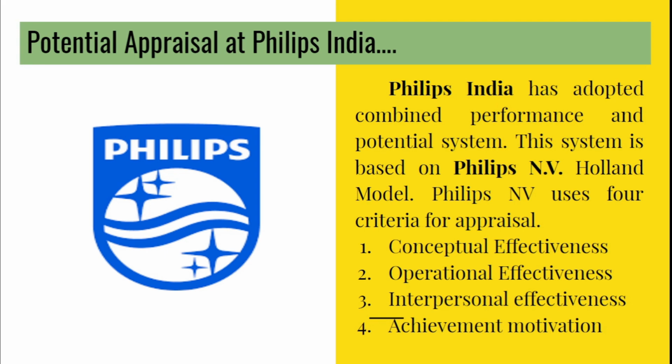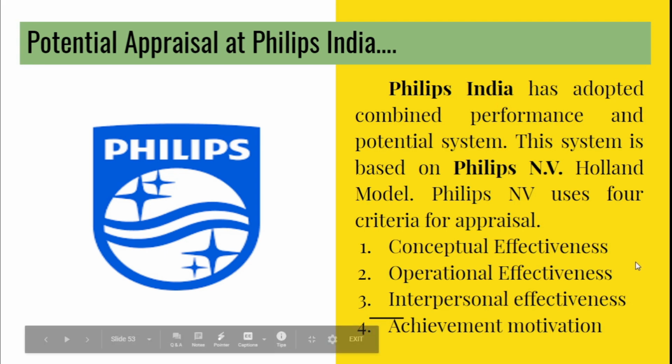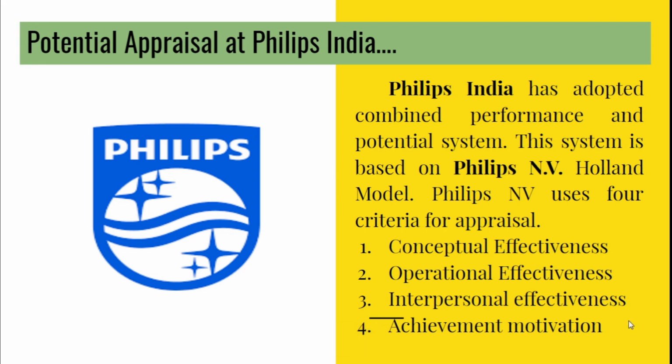Okay, now please understand how we use these. Each of these four criteria is measured on a 5-point Likert scale. Now, while carrying on this appraisal system, Philips NV Holland rates or measures these four dimensions on a 5-point Likert scale.